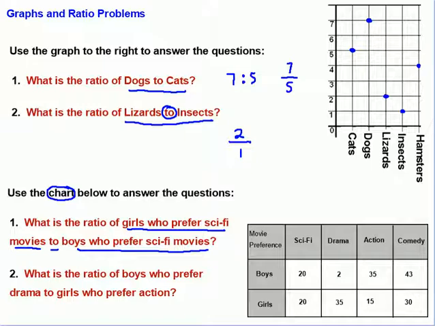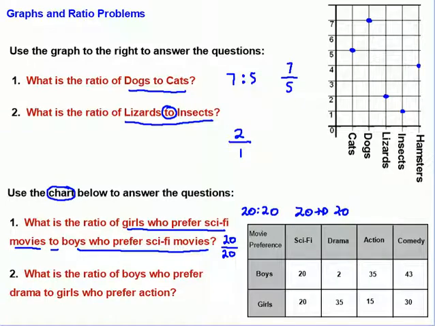There are 20 boys who prefer sci-fi movies, and girls, since they go on the top, also 20 girls who prefer sci-fi movies. So 20 to 20 is our ratio.